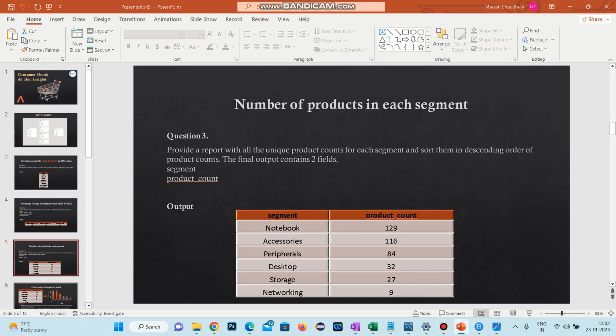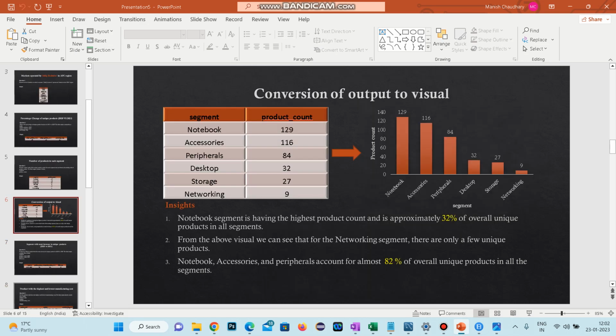So let's move to the visual. We have created a visual for this and we can see that notebook has 129, accessories 116.